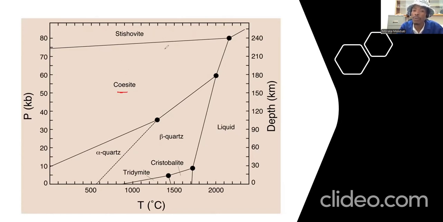And for Stishovite, because when you're increasing the pressure you are forcing the atoms to be closely packed, it will have a high density as compared to coesite, and coesite will have high density as compared to quartz.